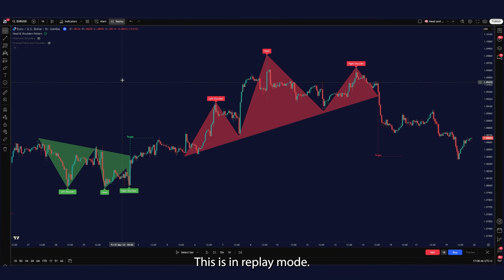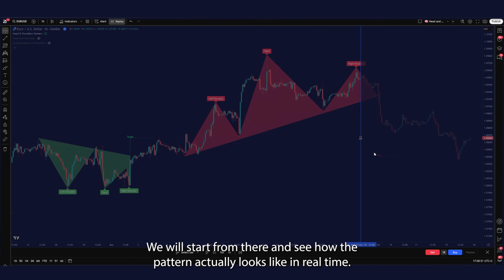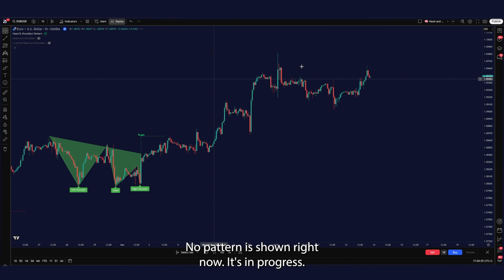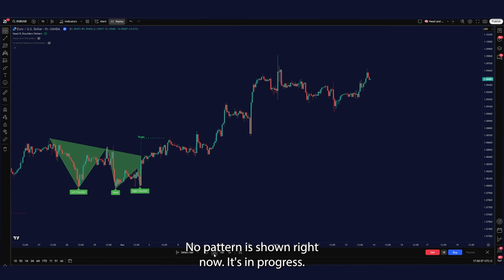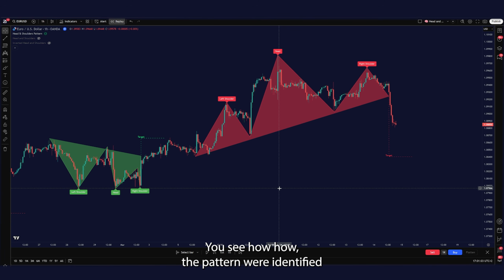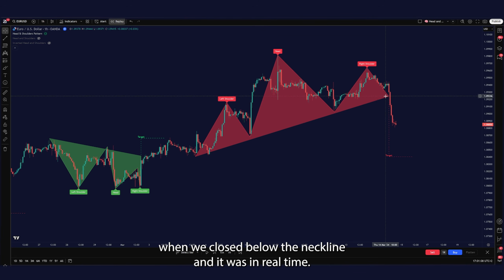This is in replay mode. We will start from there and see how the pattern actually looks in real time. No pattern is shown right now, it's in progress. Let's hit play and let's see. There we go. You see how the pattern was identified when we closed below the neckline, and it was in real time.